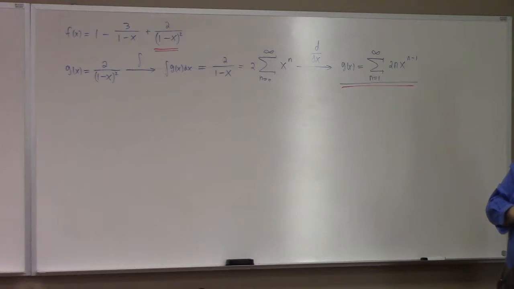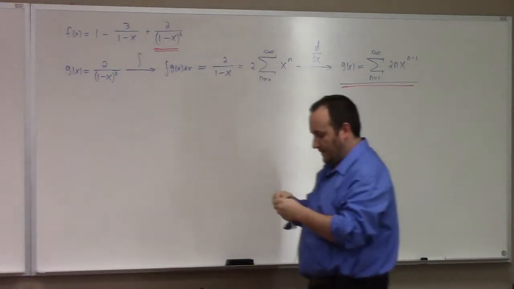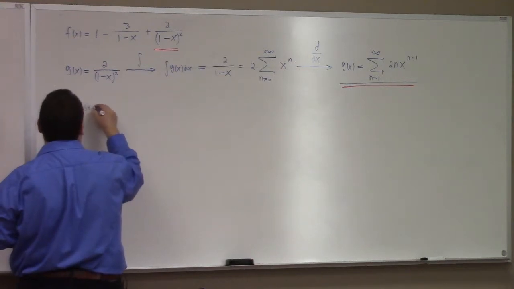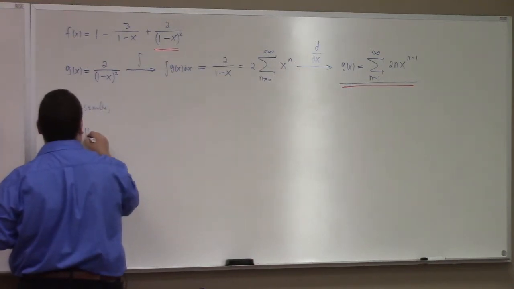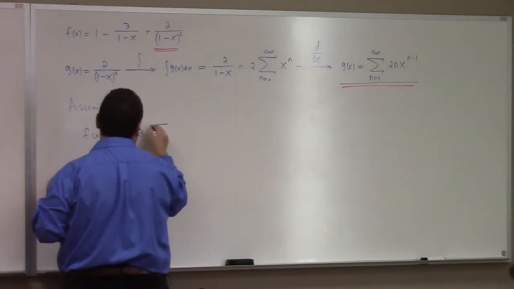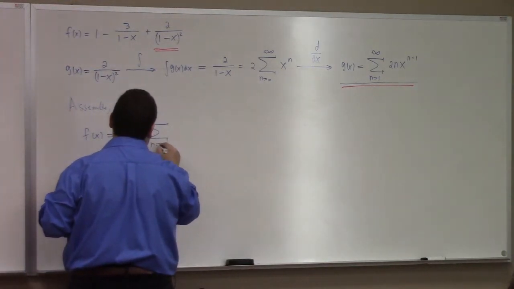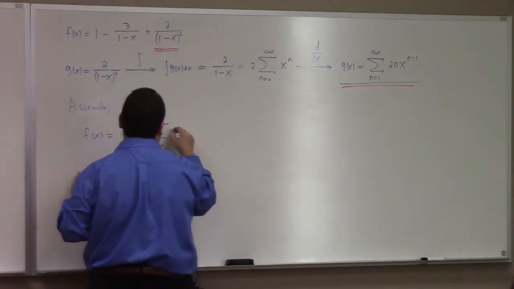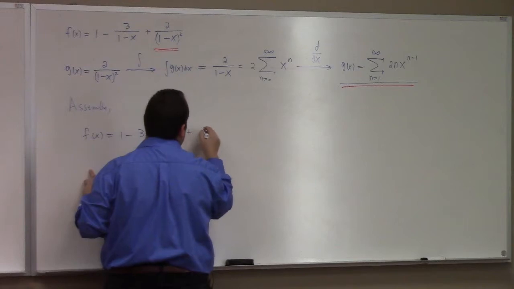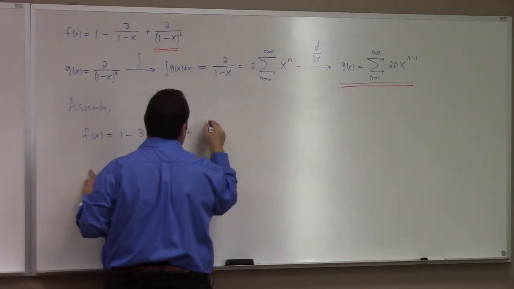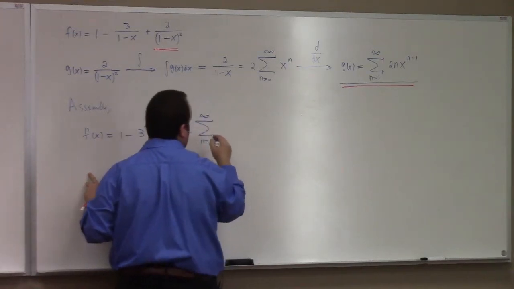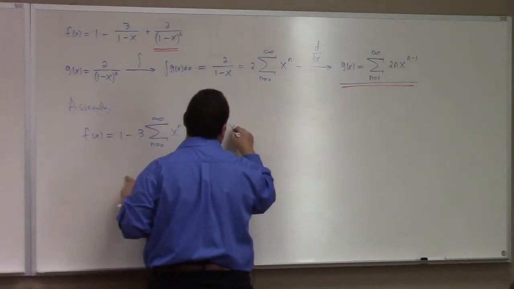Now we have everything we need to put the pieces together. So let's assemble. f of x is 1 minus 3 times the sum, n equals 0 to infinity, x to the n, plus the sum n equals 1 to infinity of 2n x to the n minus 1.